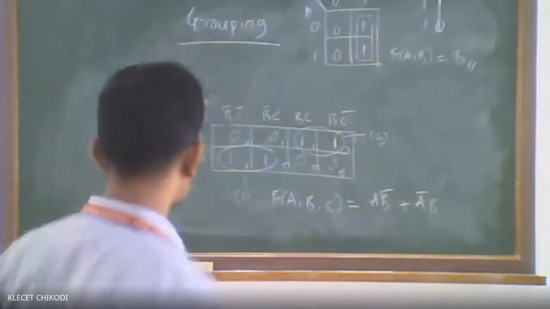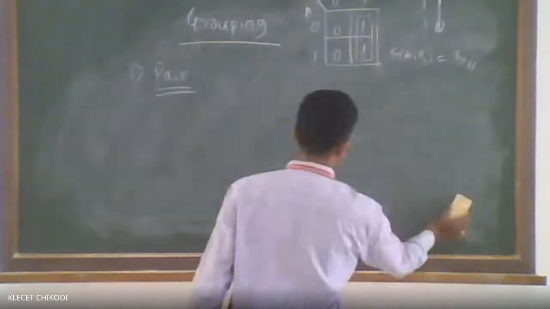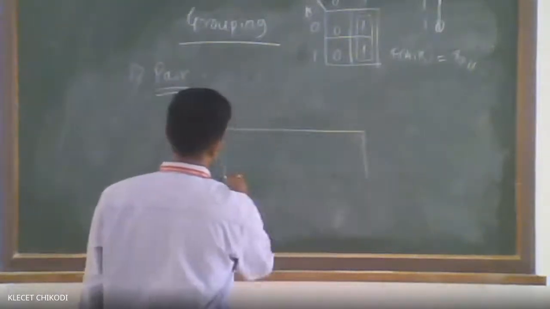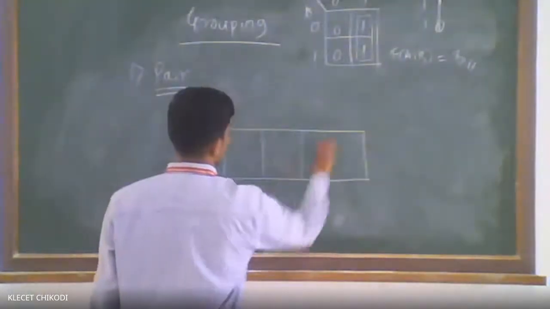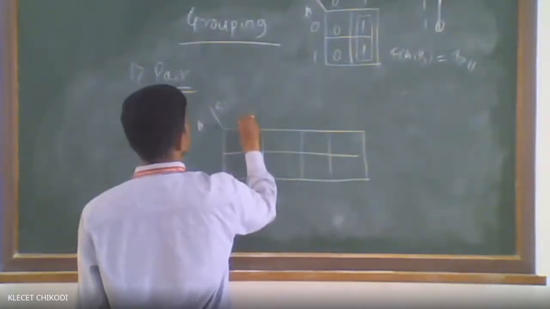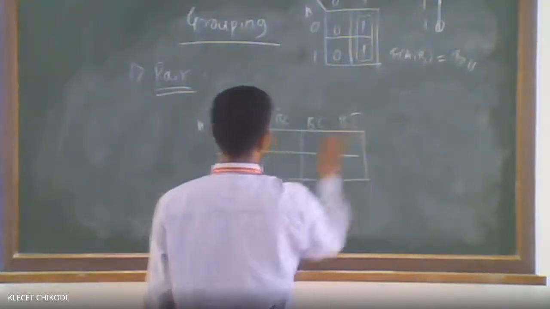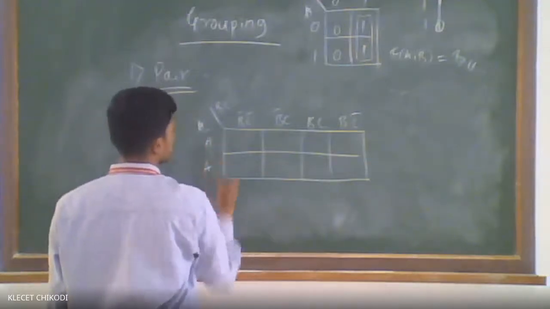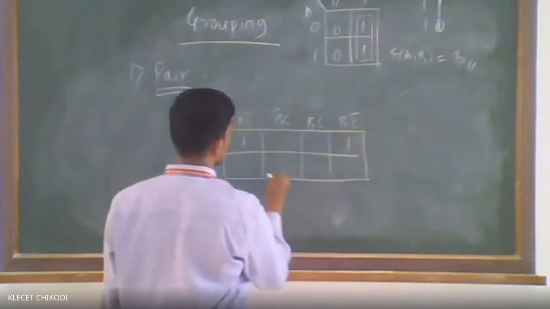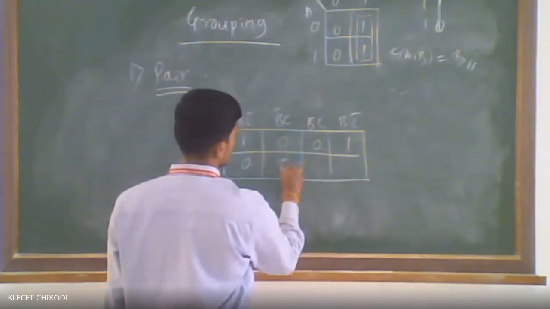Fine. Now try for this one. A, B, C, B bar C bar, B bar C, B C, B C bar, A bar, A. I have 1 1 here and 0 0 0 0.